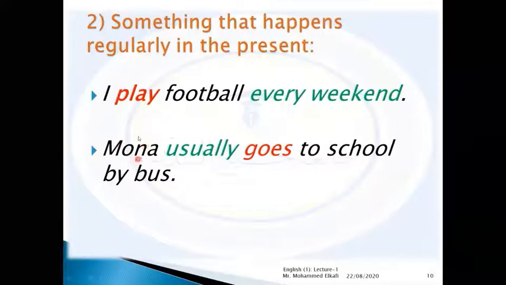When we have she, he, or it, we add S or ES to the verb. And when we have I, you, we, they in the subject position, we should use what? Verb without S. I, you, we, they, verb without S, just play. But he, she, it plays. Muna here is she, a name of a girl. So she usually goes, we add ES to the verb, to school by bus.